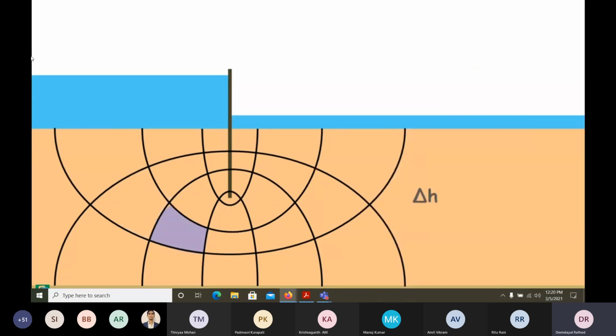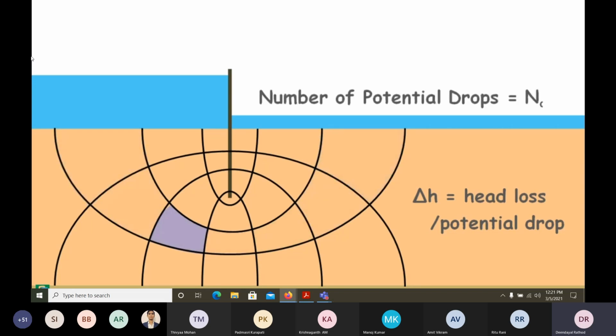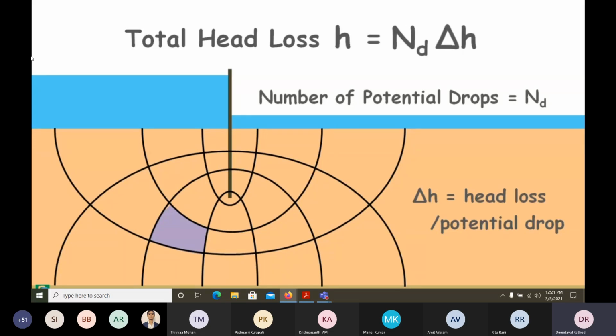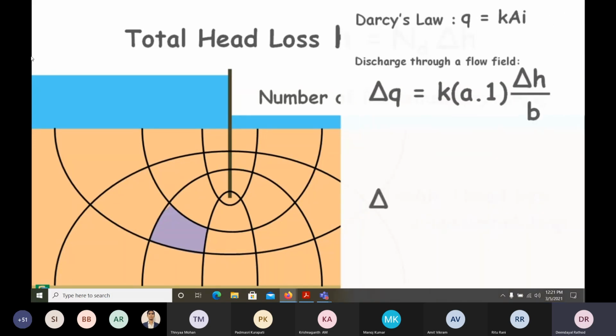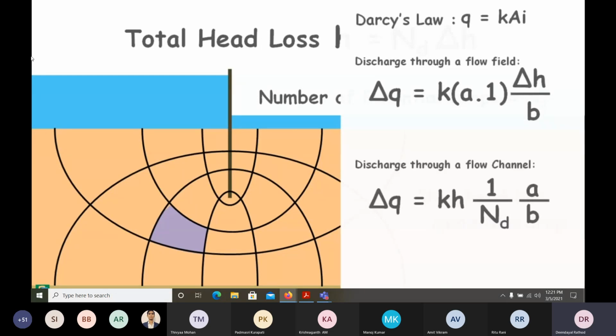Now delta H is the head loss through this flow field, or we can say drop of head or potential drop through this field is delta H. And let's say there are number of such potential drops, ND. Then total potential drop or head loss through this whole flow channel is ND times delta H. Let's substitute this in the equation to find the discharge through one flow channel.